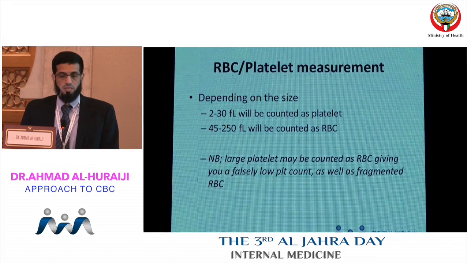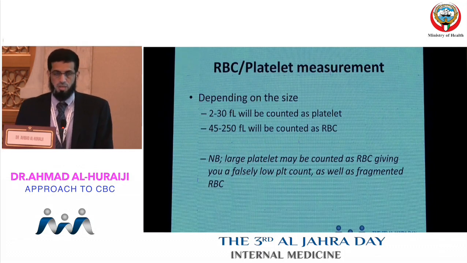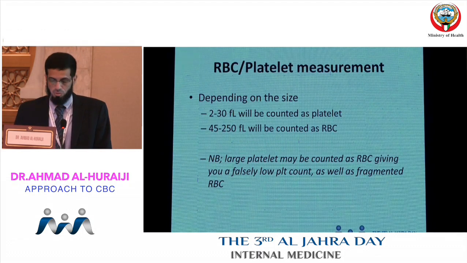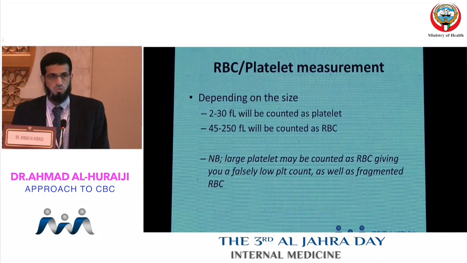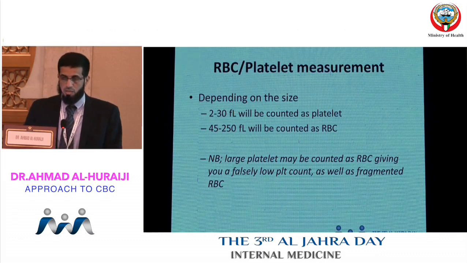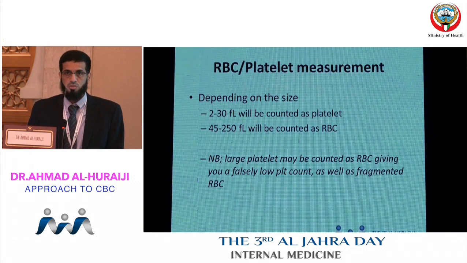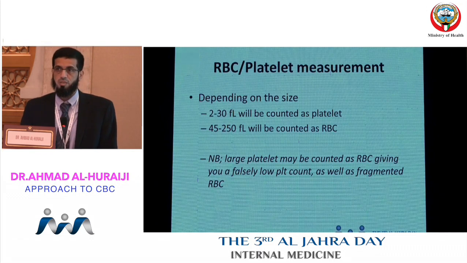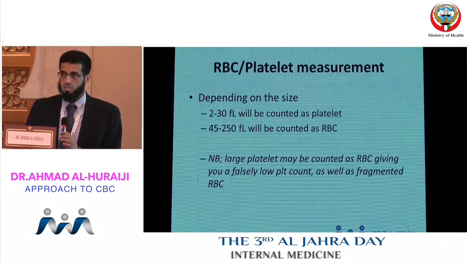Platelets and RBCs are usually detected through one channel and classified according to their size. Small size will be counted as platelets, and larger size will be counted as RBCs. Sometimes a large platelet will be counted as an RBC, giving you a falsely low platelet count, such as in cases of congenital Bernard-Soulier.